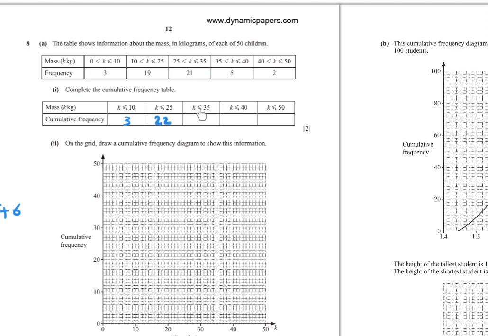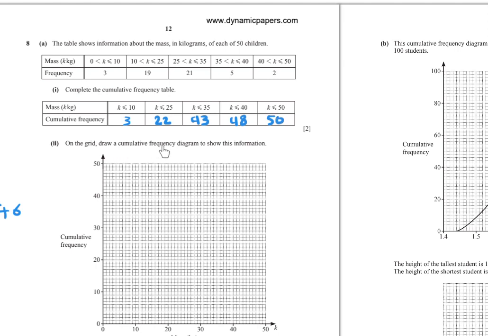Less than or equal 35, so 21 plus 19 plus 3, so 43. Less than or equal 40, 43 plus 5, so 48. Less than or equal 50, so 48 plus 2 is 50. So to find the cumulative frequency table, start with the first value, then add 3 plus 19, 22, 22 plus 21, 43 plus 5, 48 plus 2, 50.